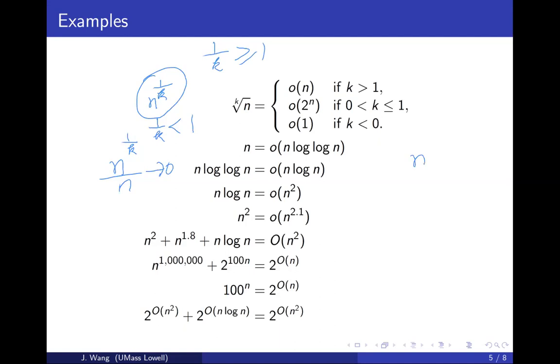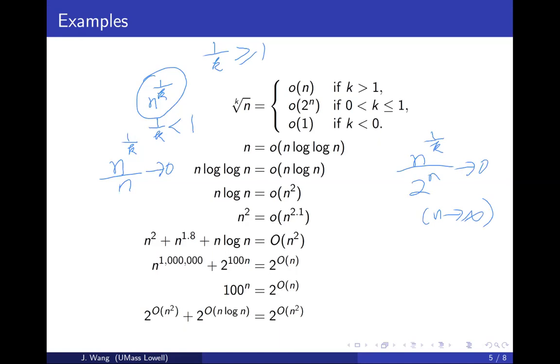If you take the limit, this also goes to 0 when n goes to infinity. That's why n to the 1 over k's power is equal to small o of 2 to the n.